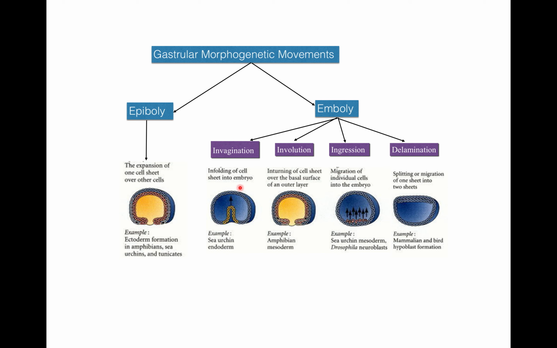Invagination means infolding of cell sheet into embryo. Involution means turning in of cell sheet over the basal surface of an outer layer. Ingression means migration of individual cells into the embryo. And delamination means a splitting or migration of one sheet into two sheets.